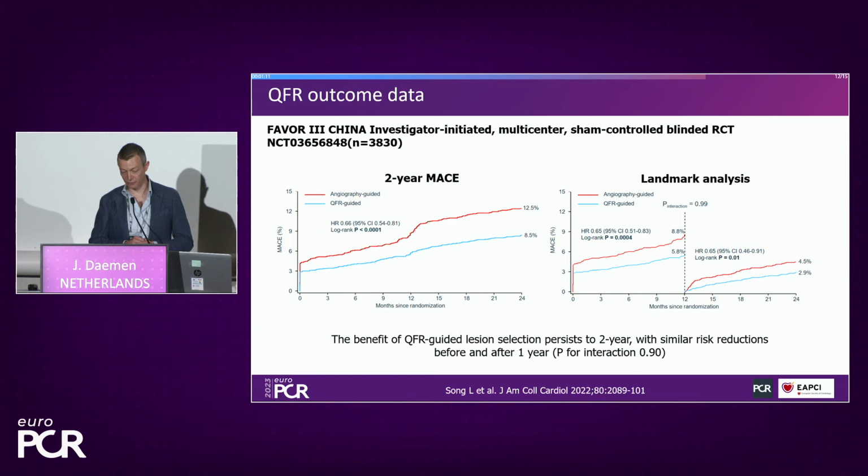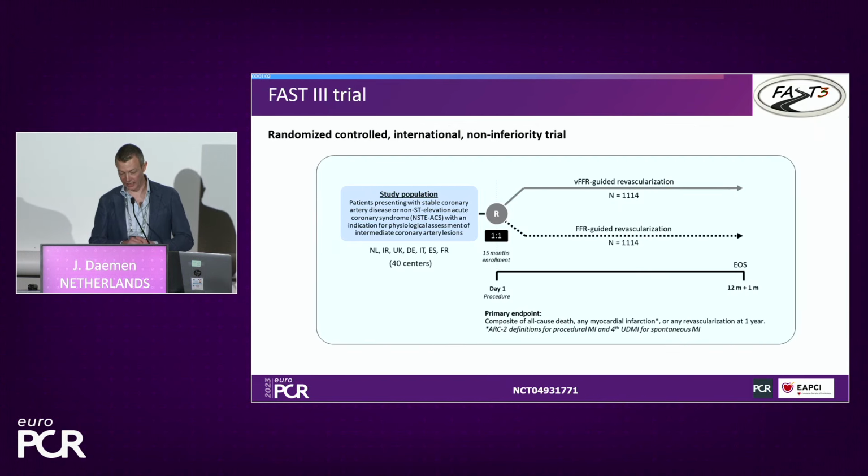These were the 2-year results of the FAVOR-3 China trial that were very consistent up to 2 years. Then obviously things didn't stop after this FAVOR-3 China trial, with the FAST-3 trial being on the way.